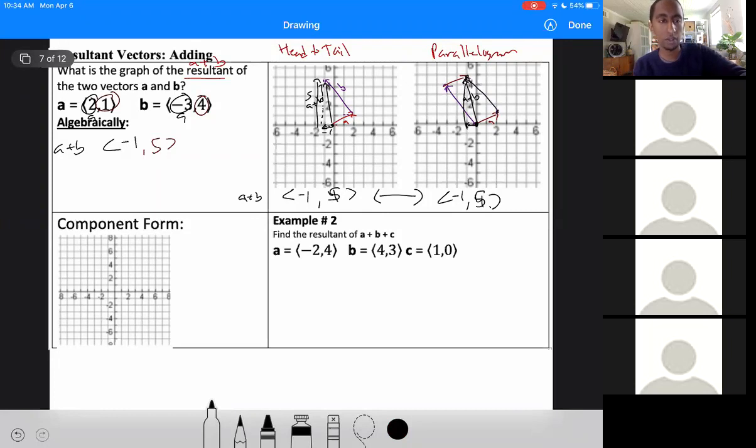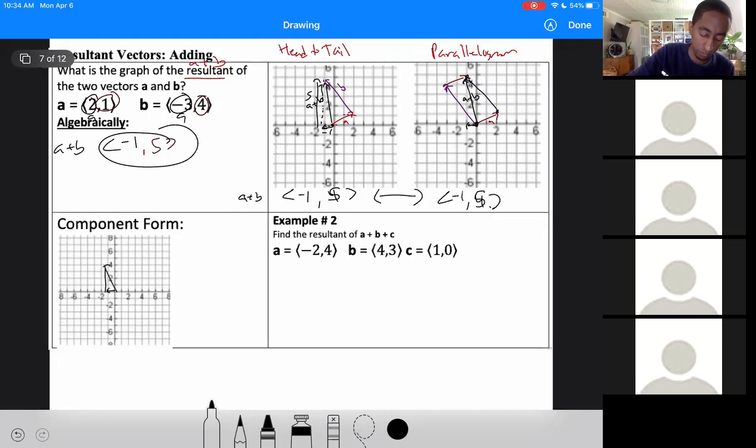All right. Hopefully I didn't confuse anyone. Any questions thus far? So we're talking about how to add using head to tail method, parallelogram method, and just algebraically how to add. And then if you would graph -1, 5, it would go left 1 and up 5.